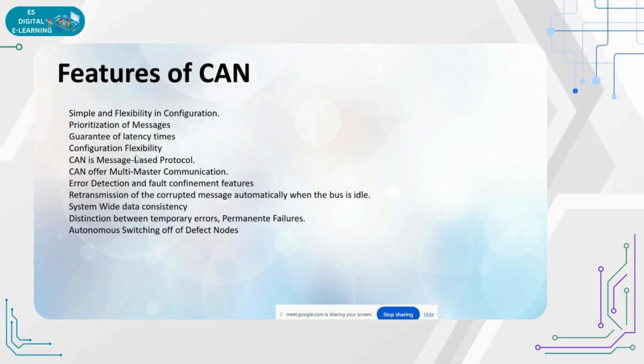Whenever a message is corrupted and does not reach the receiver due to errors or faults in the bus network, it keeps retransmitting the same message until the error count reaches bus-off, active error, or passive error.